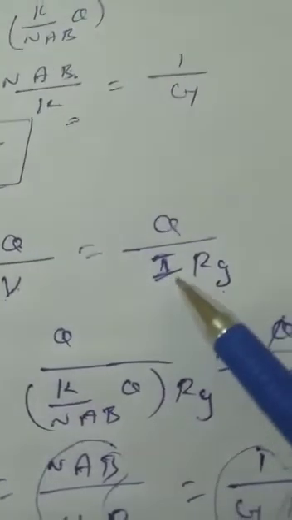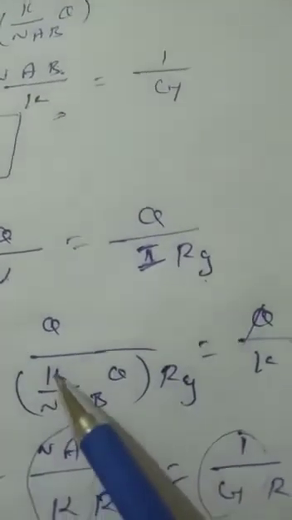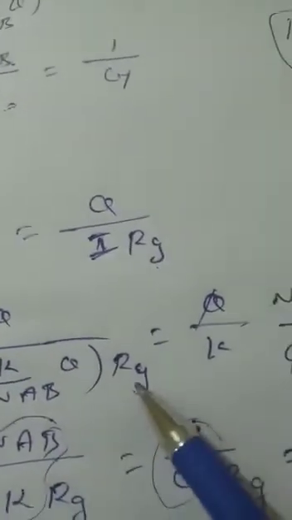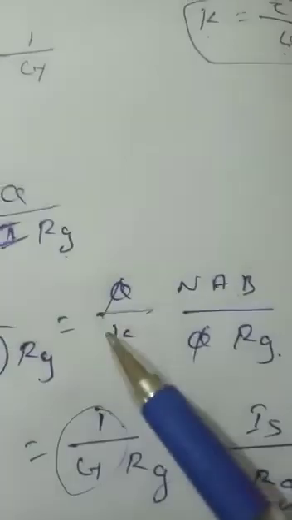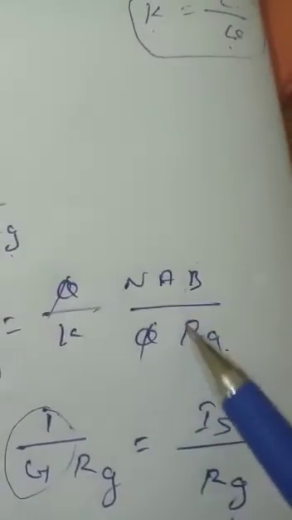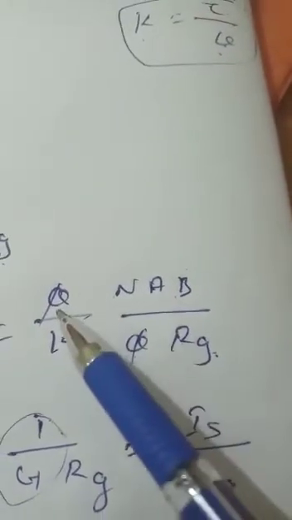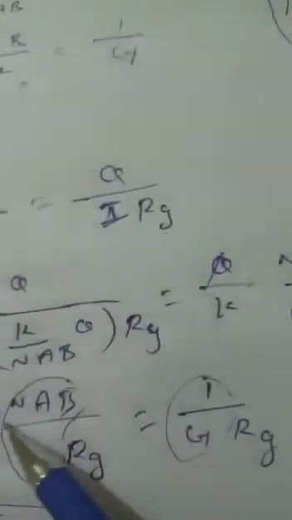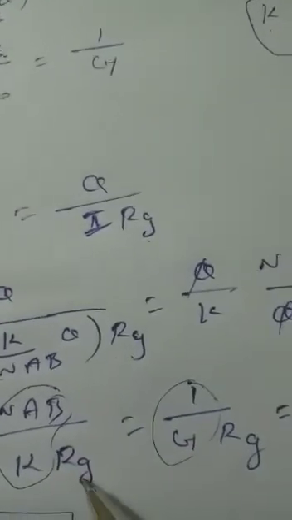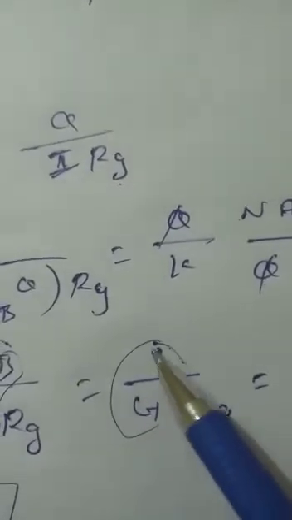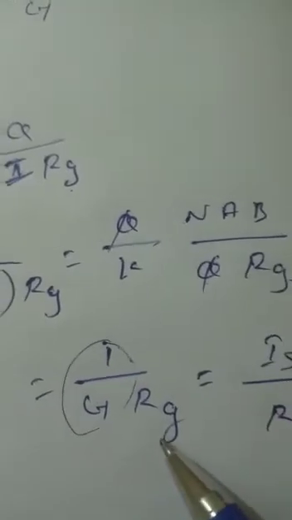Next, substitute the value of I: theta by K theta by NAB into Rg. It can be written as NAB theta by K theta Rg. Theta gets cancelled, so it is NAB by K into Rg. NAB by K is replaced by the reciprocal of the current reduction factor, 1 by G into Rg.